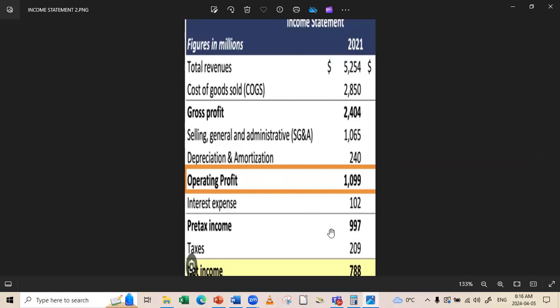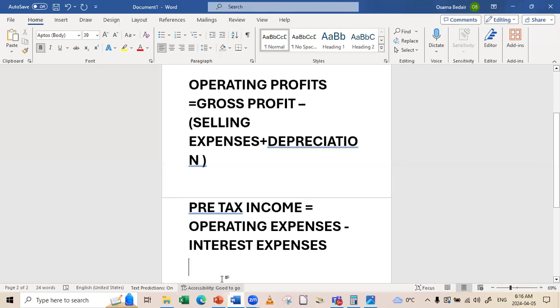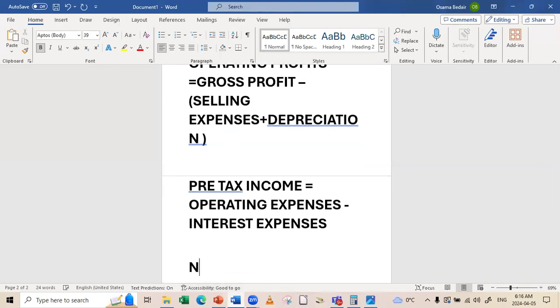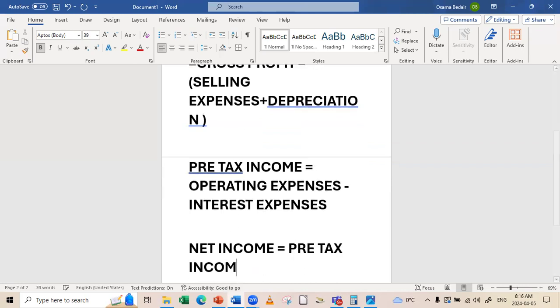Then I will deduct the amount of taxes, which is 209. So 997 minus 209, that will give me the net income. So the net income will equal, it will be like this: net income will equal pre-tax income minus the amount of tax.